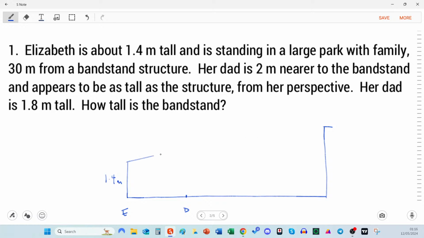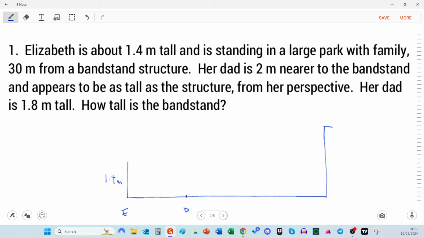So if we drew a straight line from the eyesight, let's say this is the eyesight of, are our eyes typically at the top of our head? Probably not. I know we've got some freedom here to interpret the question. If it says Elizabeth's eyes are 1.4 meters off the ground, that's something different.